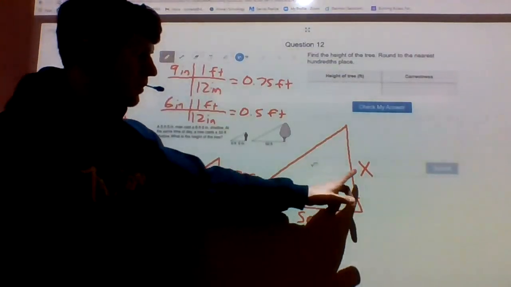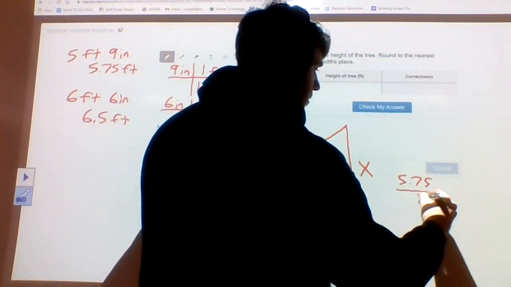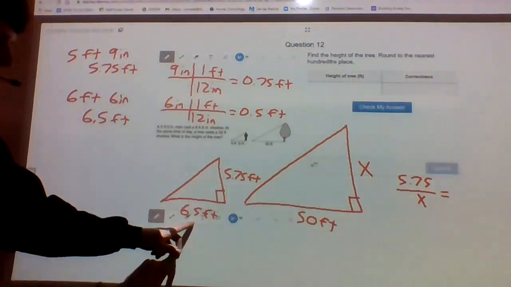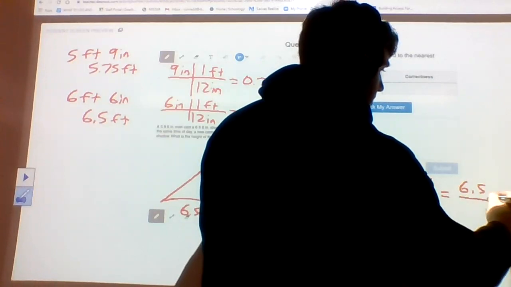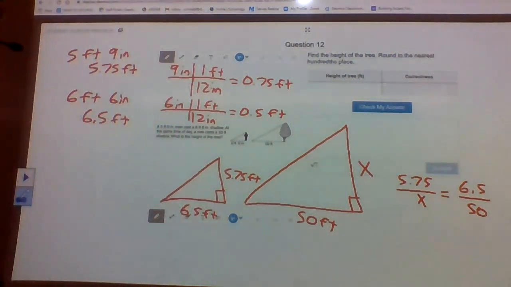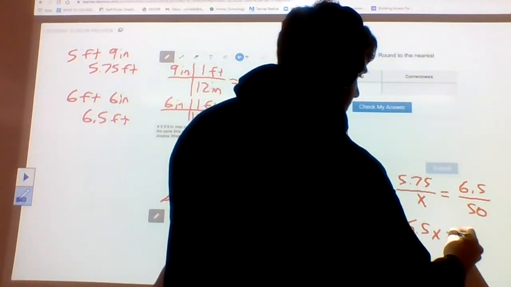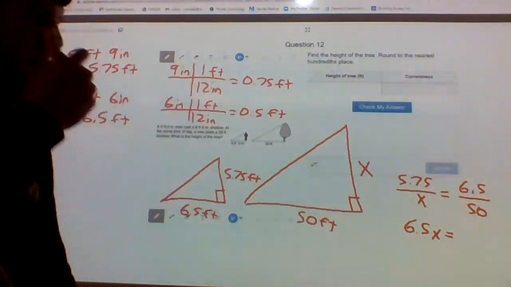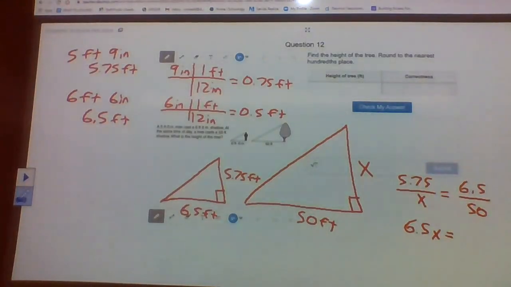So 5.75 is going to relate to x, and then 6.5 over 50. We can cross multiply here then. So you get 6.5x equals 50 times 5.75.